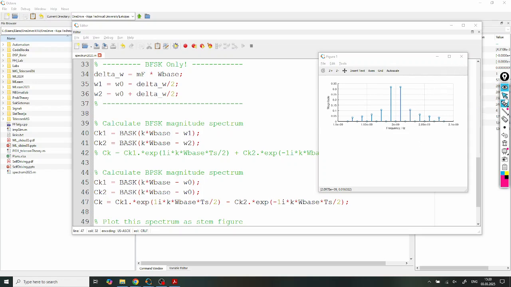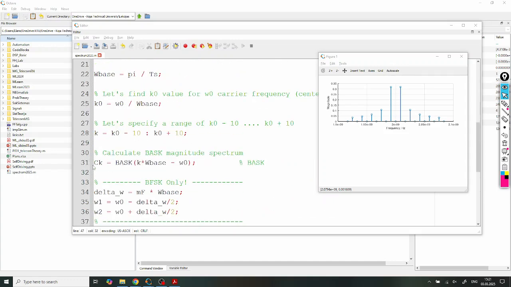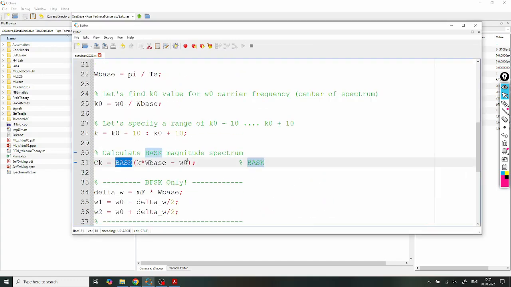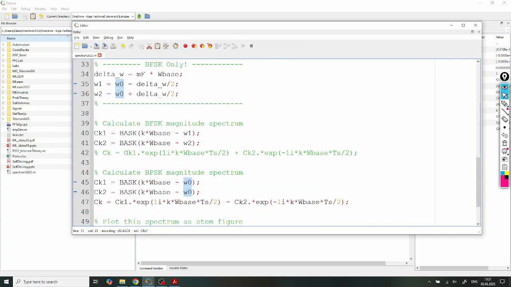So that gives you the ability to calculate the spectrum. If you calculate amplitude shift keying, you just use this function with a frequency omega 0. If you need to calculate the frequency shift keying, then you calculate two of these modulations, one with omega 1, one with omega 2, then multiply each with its corresponding shift parameter, and there you have it.